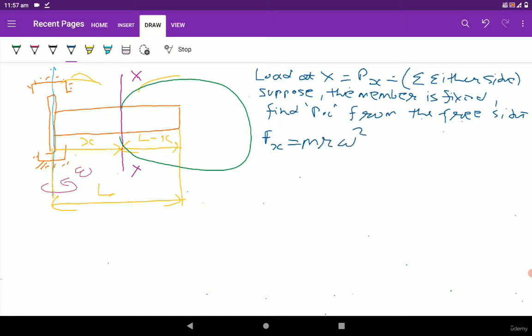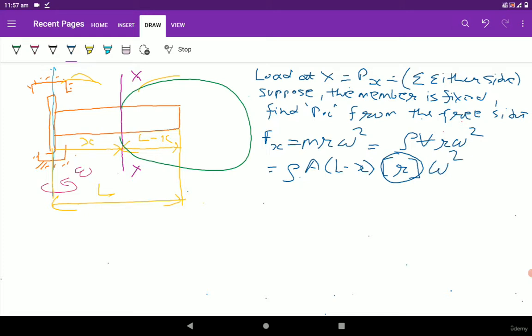We can write mass in terms of density into volume, so density into A into L minus x, which is the main parameter to be found, times r omega square.